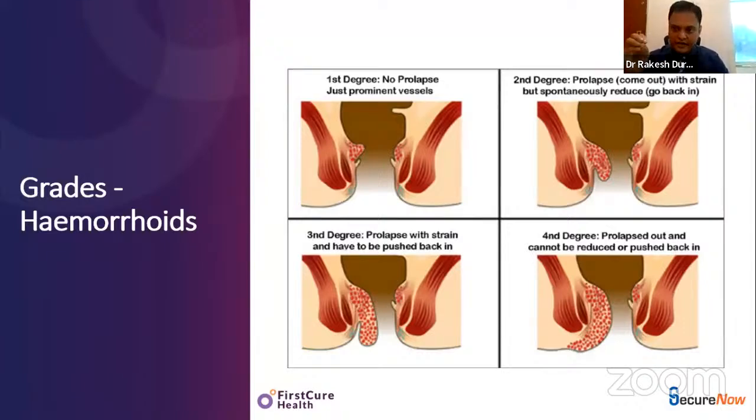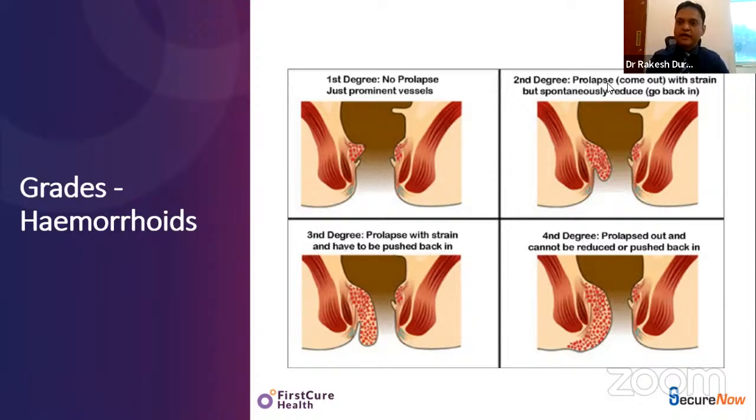So let's read a little bit about the grades of the hemorrhoids for the patients who come to you. Now, if you see, there are 4 grades of the hemorrhoids. First one: there is no prolapse, just a prominent vessel, and the patient complains of something or the other. This is called the internal hemorrhoids with grade 1, very small ones.